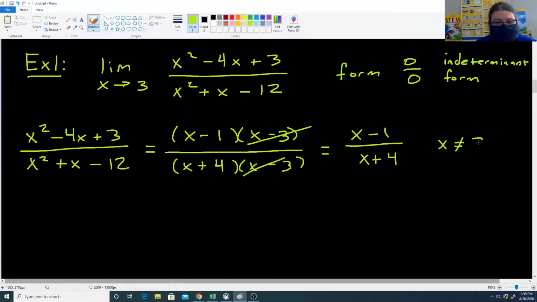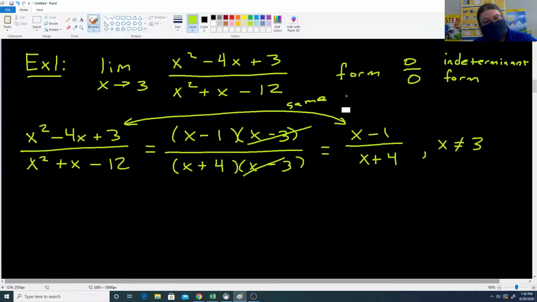equal to 3. So as long as x isn't 3, this right here is the same as this original expression there. Same as long as x is not equal to 3.